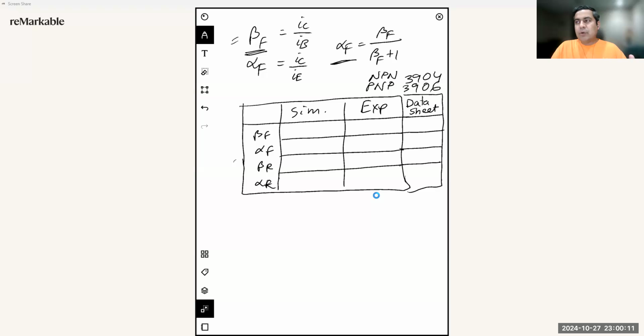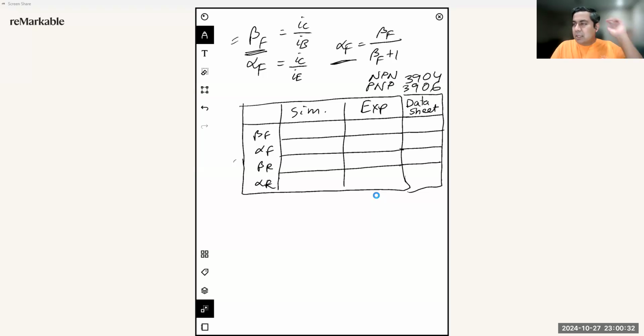And then in a new graph, you put IC versus VCE plots for simulation and experiment. Repeat it again for the PNP BJT, where you will also get an IB VBE curve and an IC VCE curve from your simulation and your experiment.